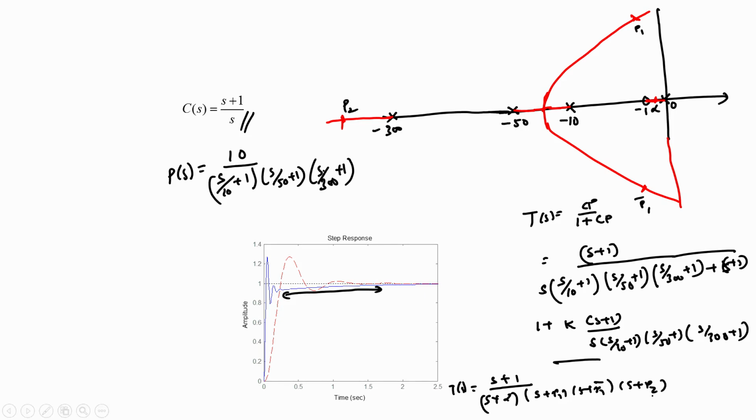This would be the structure of our closed loop transfer function.